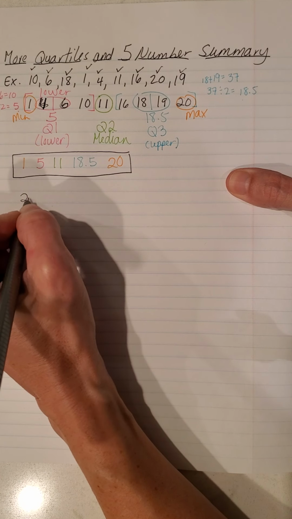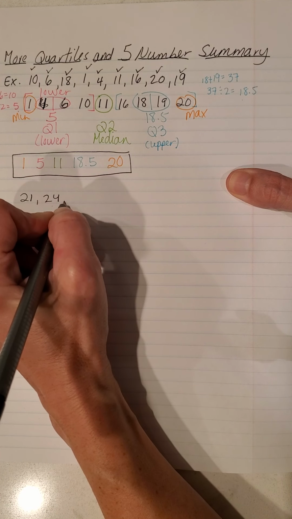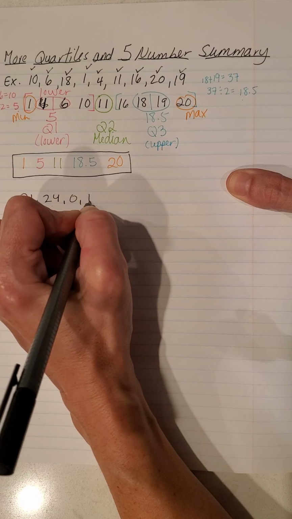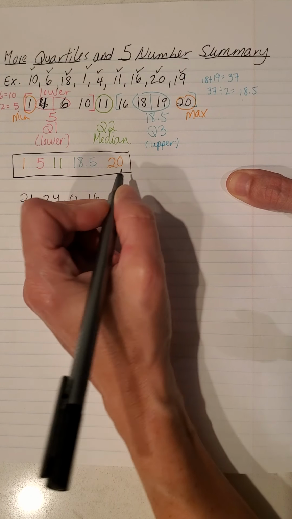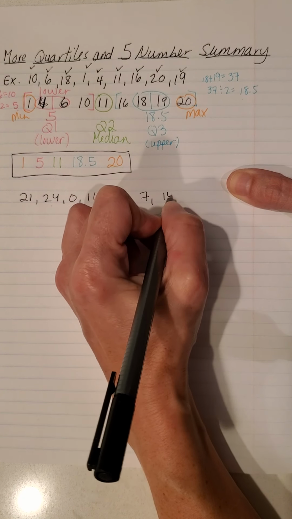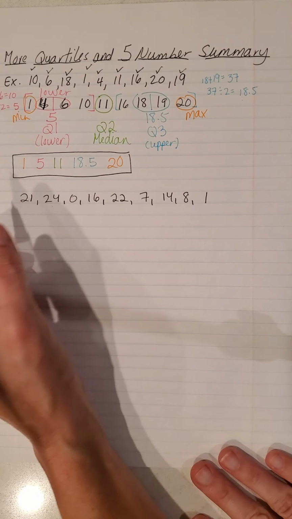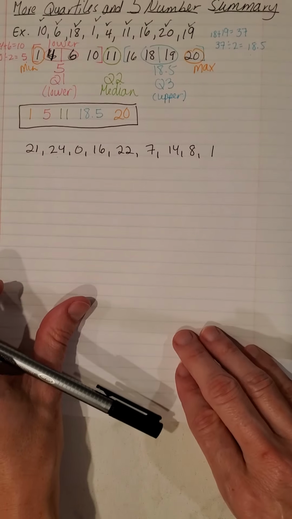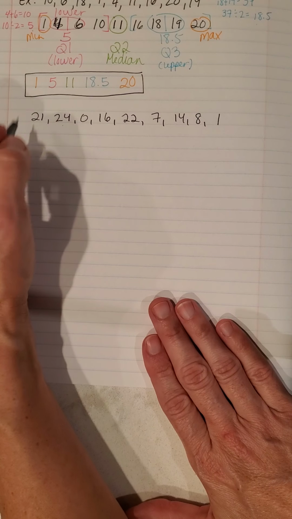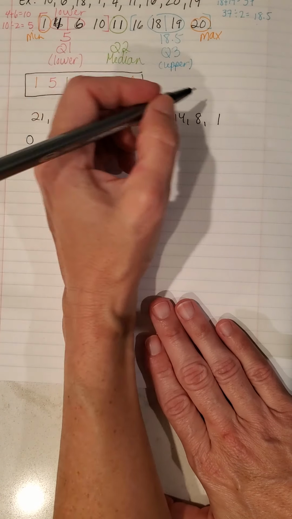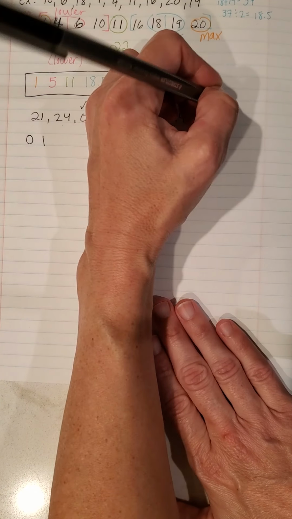Here's another one: 21, 24, 0, 16, 22, 7, 14, 8, and 1. And then I'm going to order them from smallest to biggest. The smallest is actually 0. Then it looks like 1.